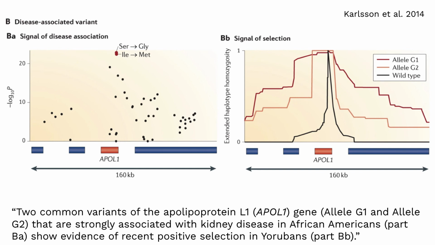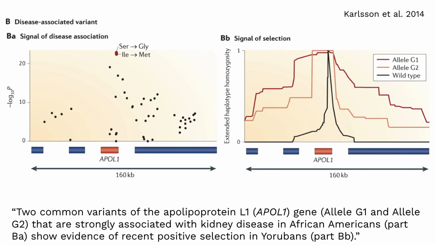And then on the right, the first method that we talked about, the selective sweeps, this is looking at haplotype length in Yorubans, who are a West African population. So in what's called the wild type, although that's kind of a weird thing to refer to for humans, in black, the haplotype length is quite short, whereas the two reddish lines indicate that the haplotype is much longer. That indicates that the allele G1 and allele G2 have some evidence of recent positive selection.